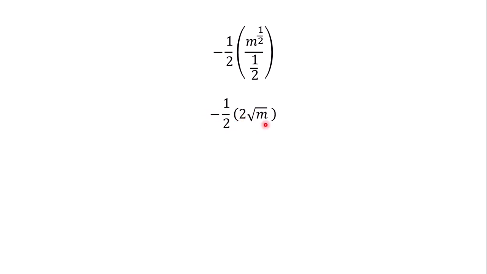Now here we are just going to open the bracket. When we open the bracket, these 2 will cancel out with these 2, and that will give us minus square root of m.